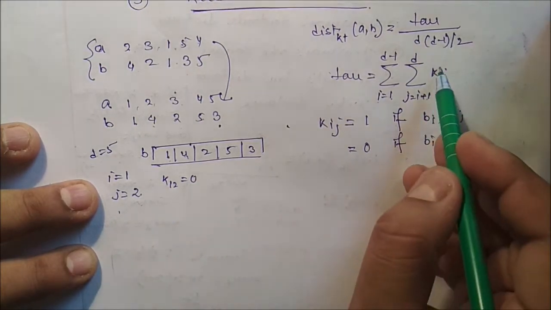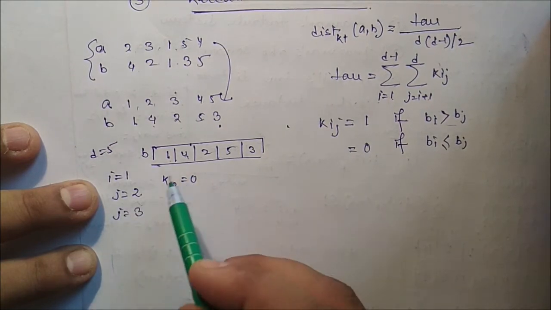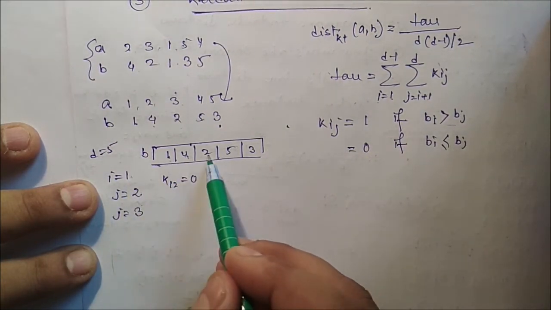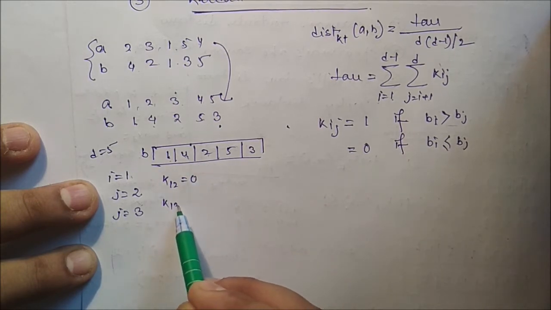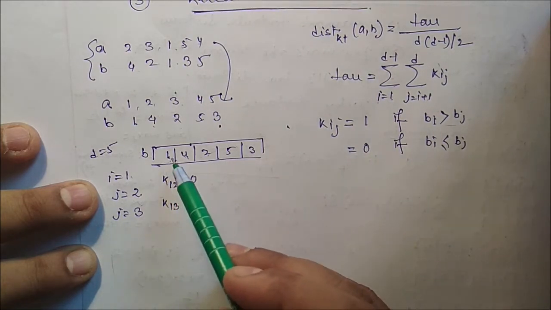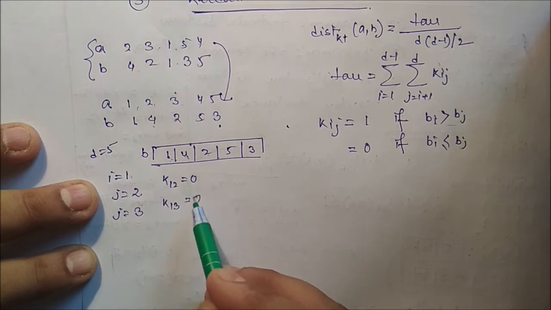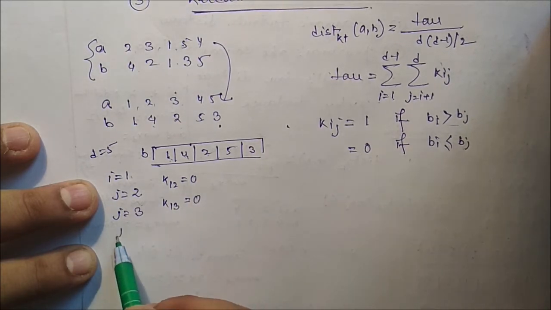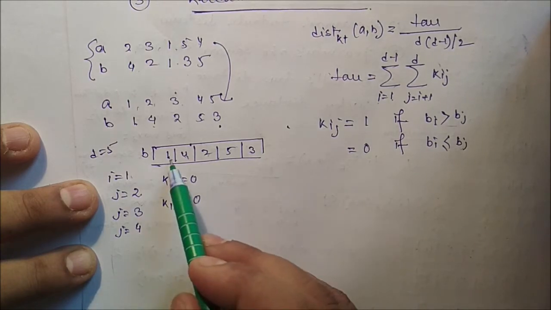First of all we have to complete the inner loop. If j is equal to 3, that means 1 and 3, so K13: B1 is less than B3, yes, it is 0. Next, j is equal to 4, that means 1 and 4.